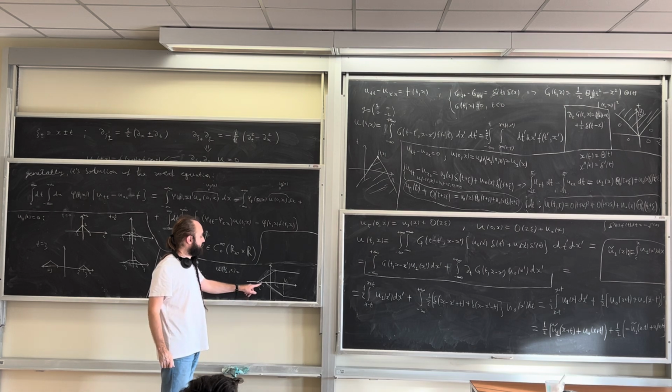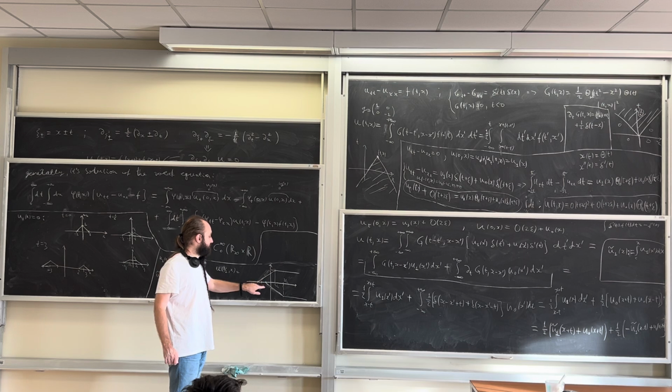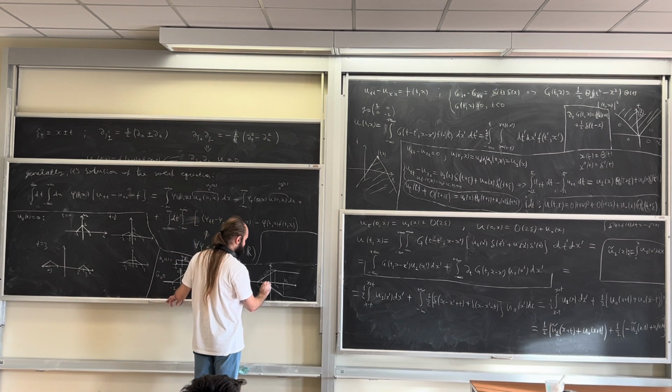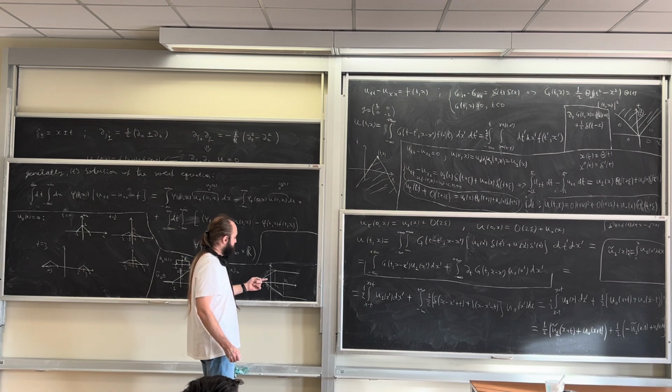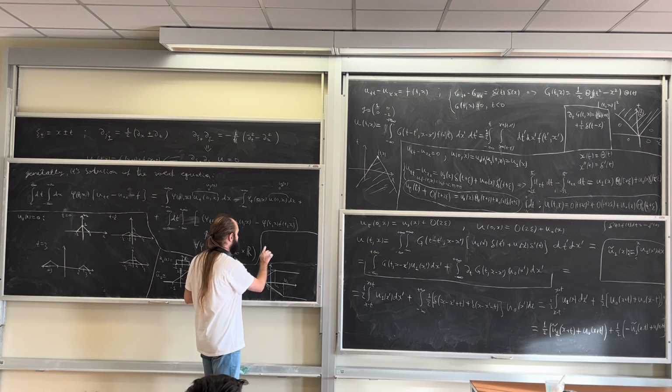So if we now compute this difference, then we see that at this stage it's linear from -3/2 to -1/2. Then it becomes constant. Then it becomes linear again, and then it again becomes constant.